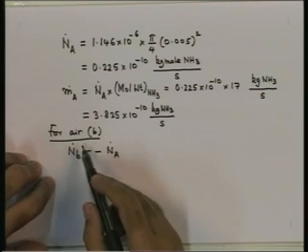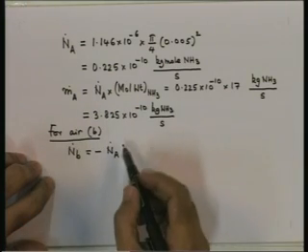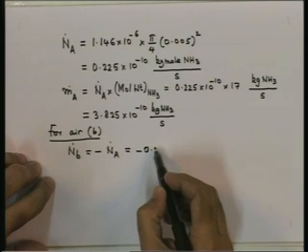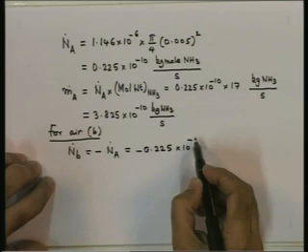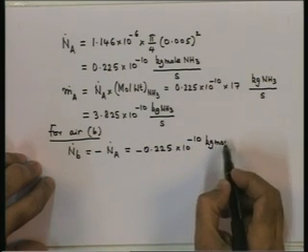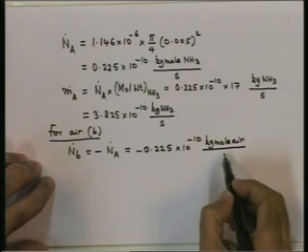So, the molar flow rate of air will be from right to left, so it will have a negative value. This will be minus 0.225 into 10 raised to minus 10 kg mole of air per second.